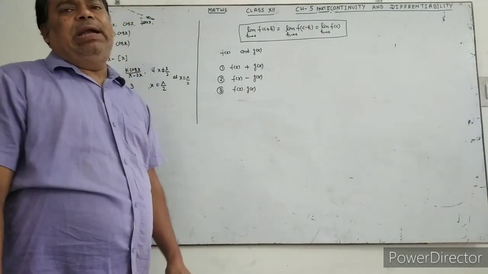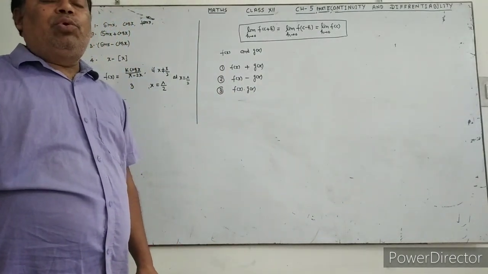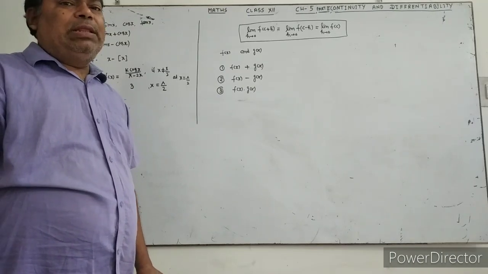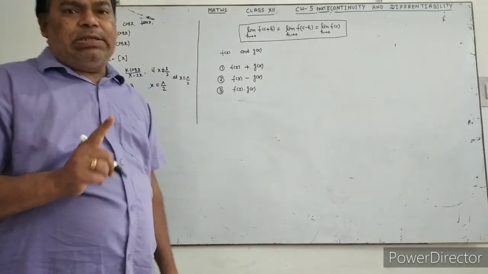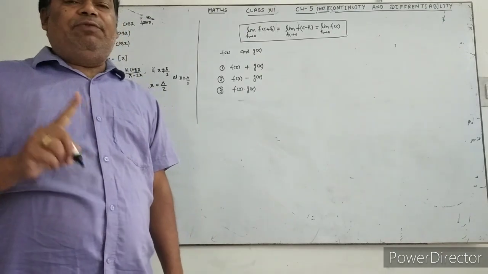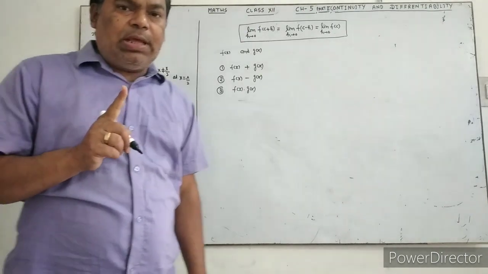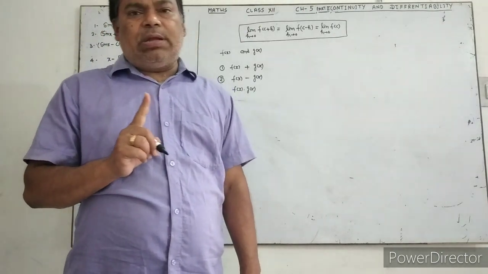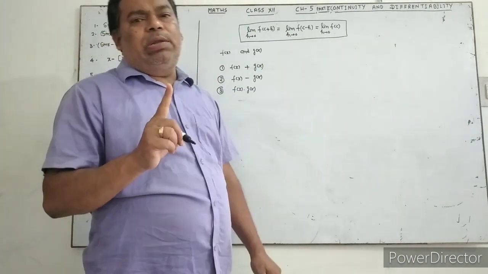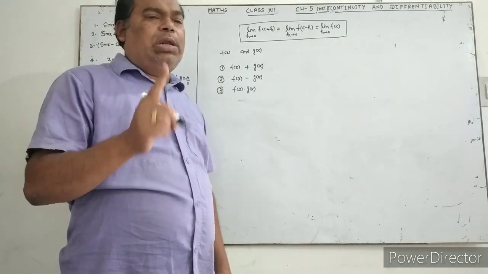If f(x) and g(x) are two continuous functions, then the sum of the two continuous functions is also continuous. The difference of the two continuous functions is also continuous. The product of the two continuous functions is also continuous.